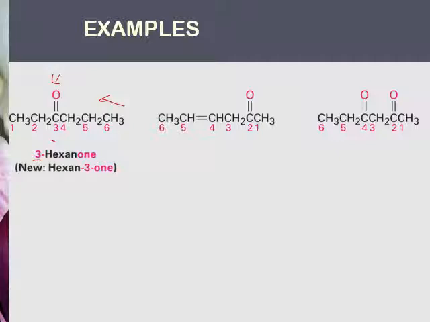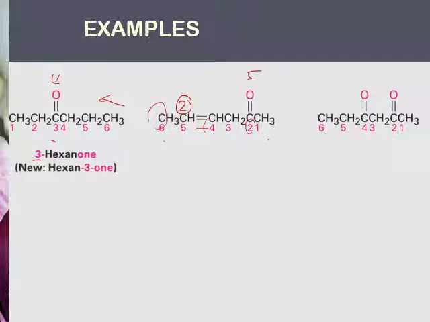In the second molecule, the longest chain is 6, and it has a double bond. If we go from left to right, we give the double bond number 2, but the ketone is number 5. If we go from right to left, we give the carbonyl carbon number 2 and the double bond number 4.